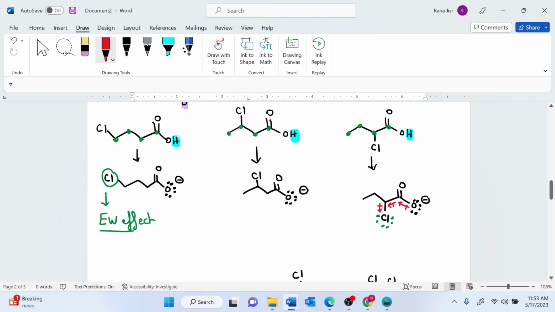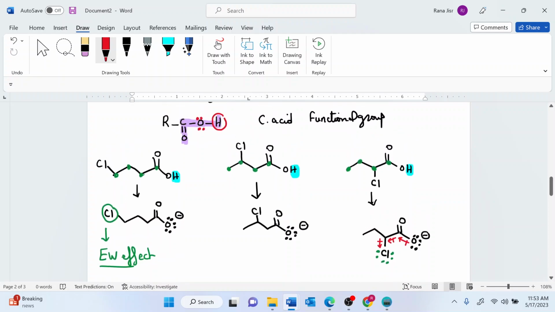So the charge here is going to be distributed not just on the oxygen, but over this whole surface area, making this conjugate base more stable and this acid the strongest acid. So if I want to arrange those in increasing acidity, then definitely this one is going to be the least acidic, and this one is going to be the most acidic.